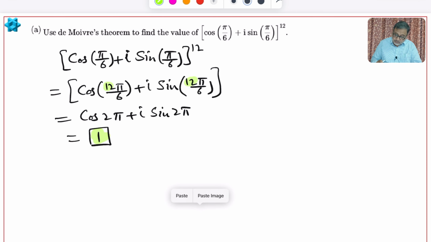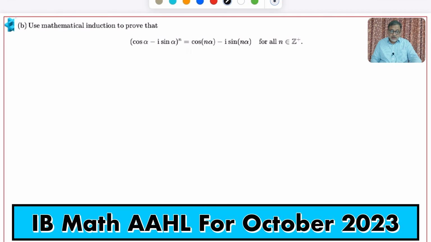Okay. Now the second part of this question says use mathematical induction to prove that cos alpha minus I sin alpha to the power n is cos n alpha minus I sin n alpha. We know that this is the property of De Moivre's theorem, right?